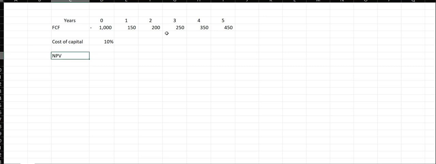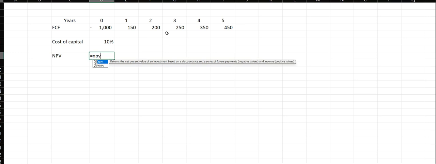Okay, so I mentioned in the beginning that I'm going to show you two ways to calculate the net present value. In this method I'll be using the Excel formula method, net present value. We can use this NPV formula. As you can see, you have to select the rate, then the values. The rate is the cost of capital. By using 10%, we need to discount the entire cash flow.